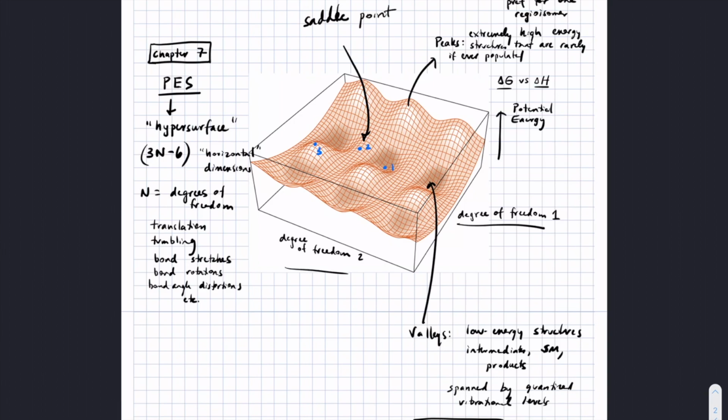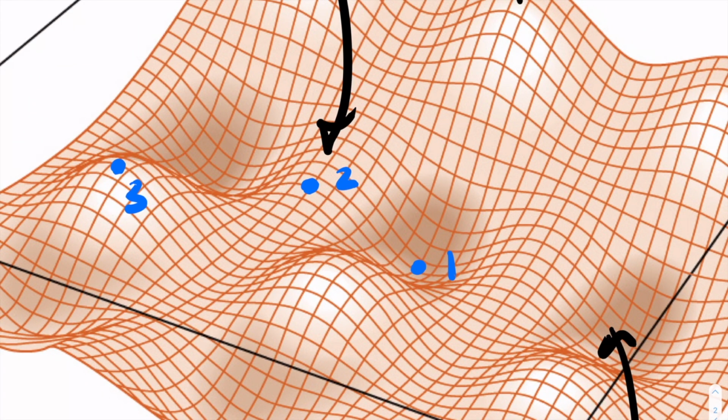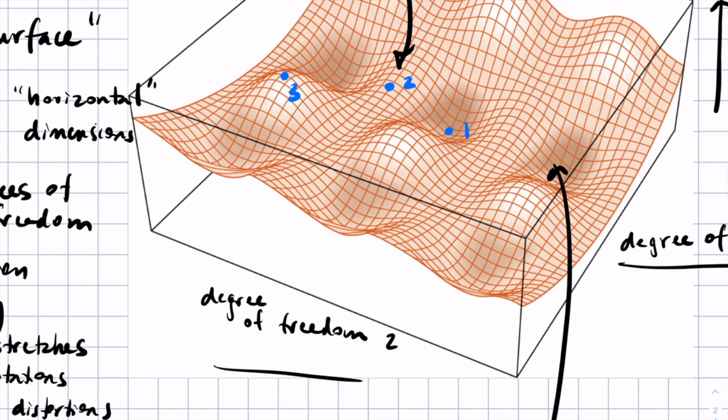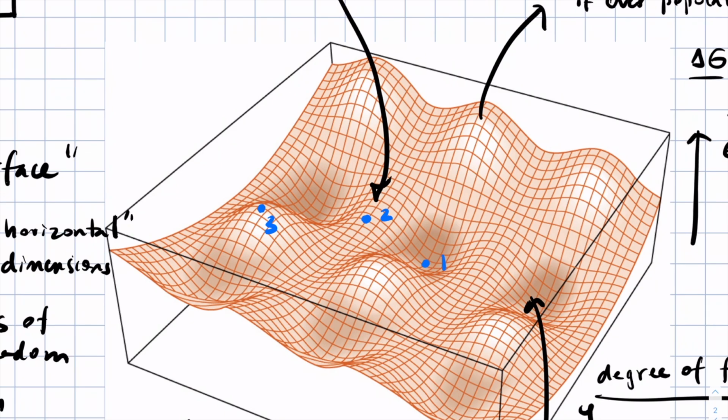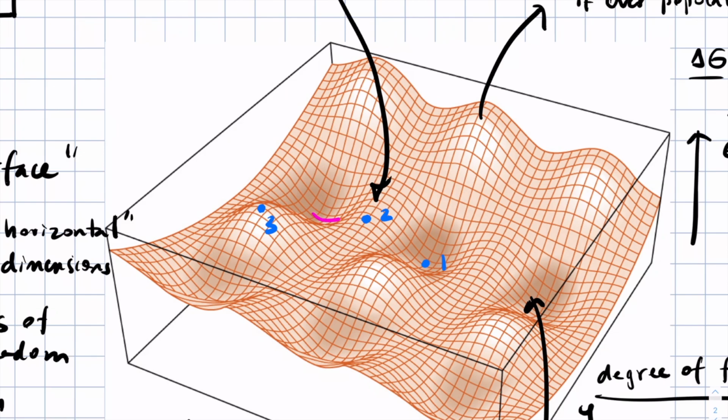Okay, we're going to zoom in on this saddle point. For the sake of our discussion, we'll say this is X and this is Y. All right? And I'm going to draw the trajectory of a molecule from this valley through the saddle point to the valley represented by blue point 1.